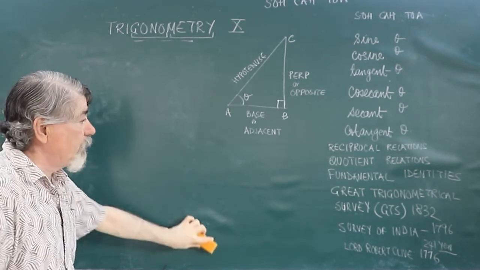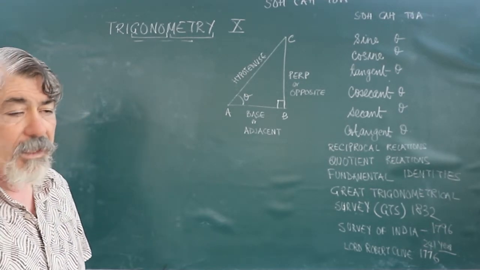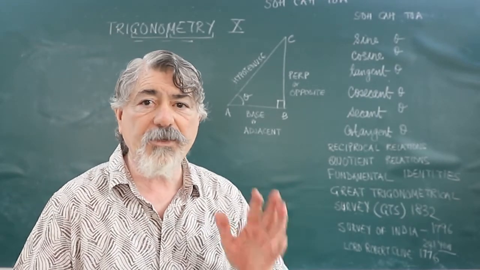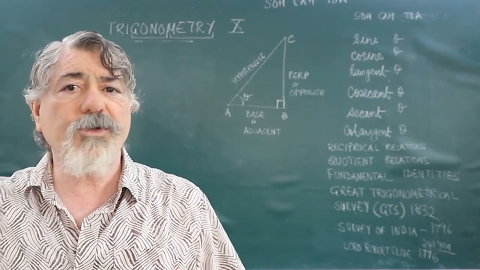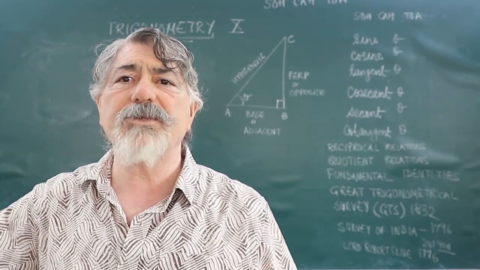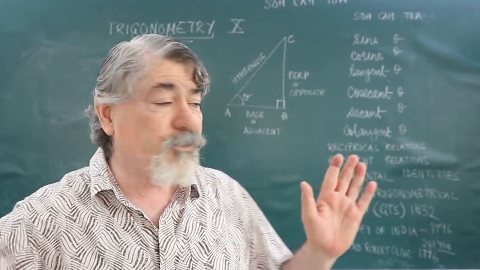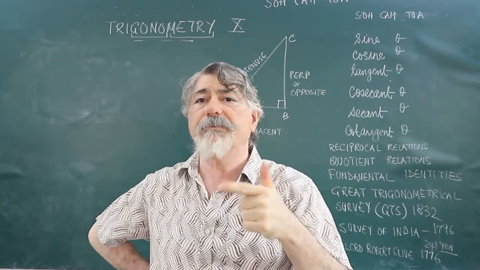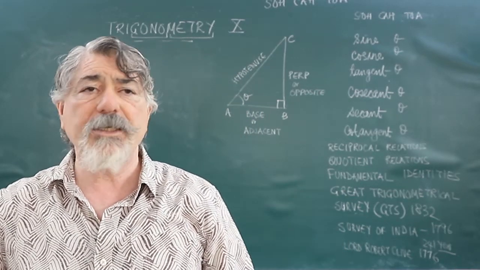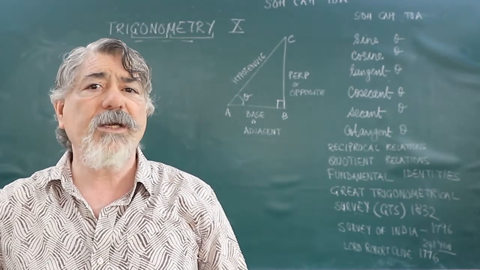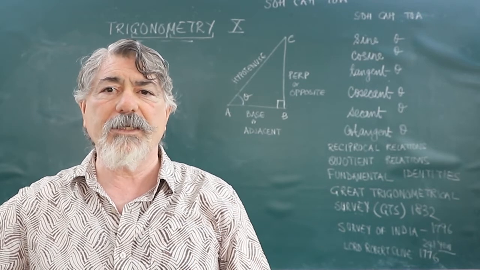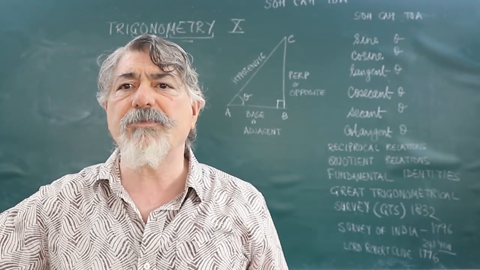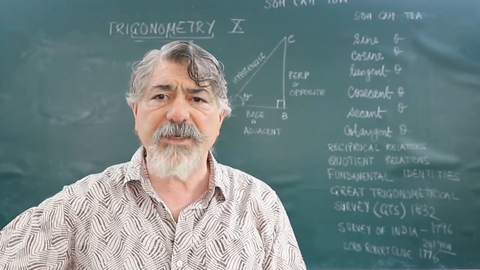Now let us talk about fundamental identities. I'm going to prove them and show them so that you never forget. You will never forget if you learn a method to remember the T ratios.